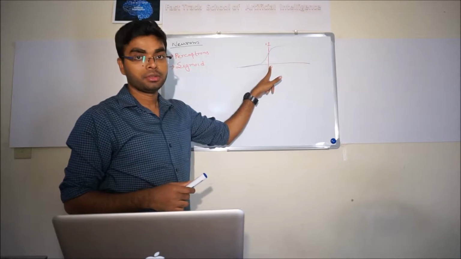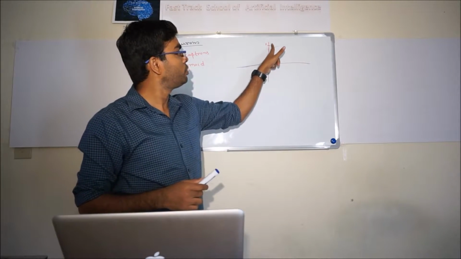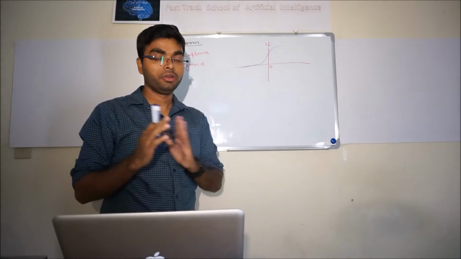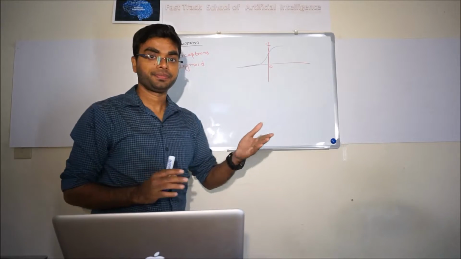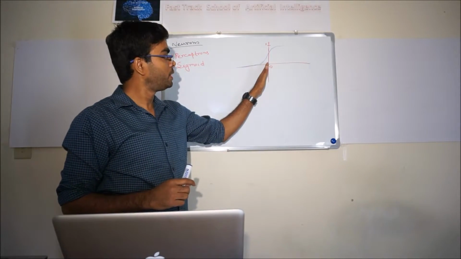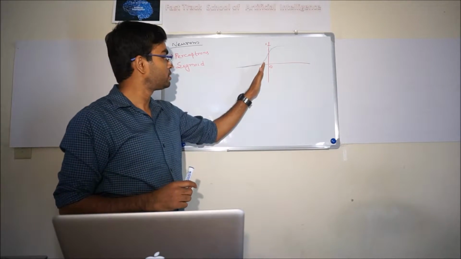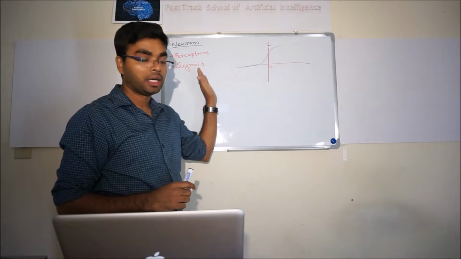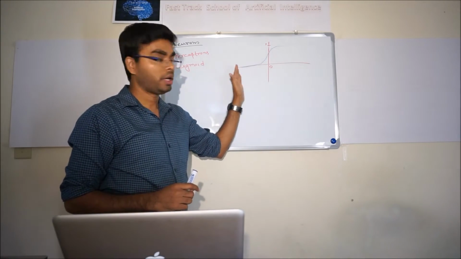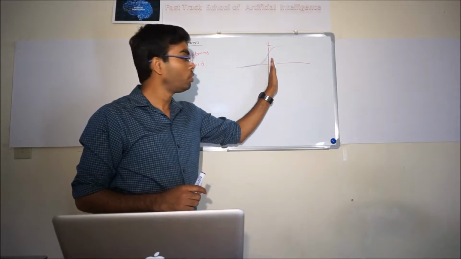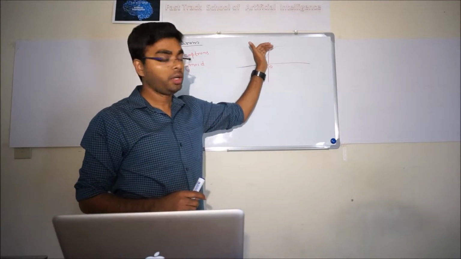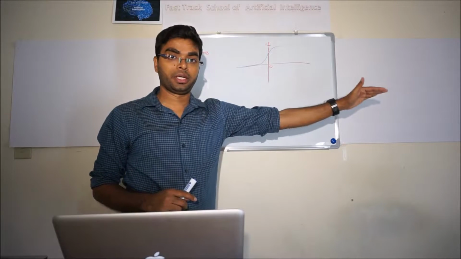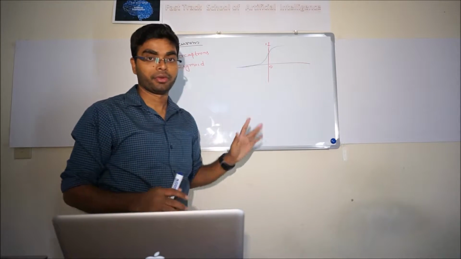At the point 0 or greater than 0, it will tend to shift toward class 1. If it is less than 0 or far negative, it will be 0. And once it has reached close to 0 or greater than 0, it will move toward 1, and it will be 1 till infinity.